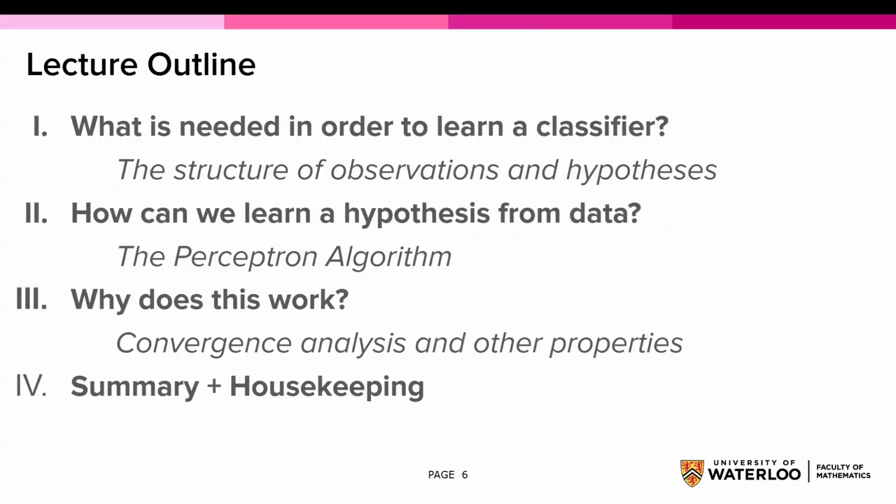Okay, so to get us to that point, we'll be focusing our attention on 3 key questions. First, what do we need in order to learn a classifier? Here we'll introduce the terminology that we'll use for describing data sets and the mathematical notation that we'll be using. We'll then move on to defining a space of solutions in which we'd like the model to live. This is going to provide a kind of scaffolding for learning.